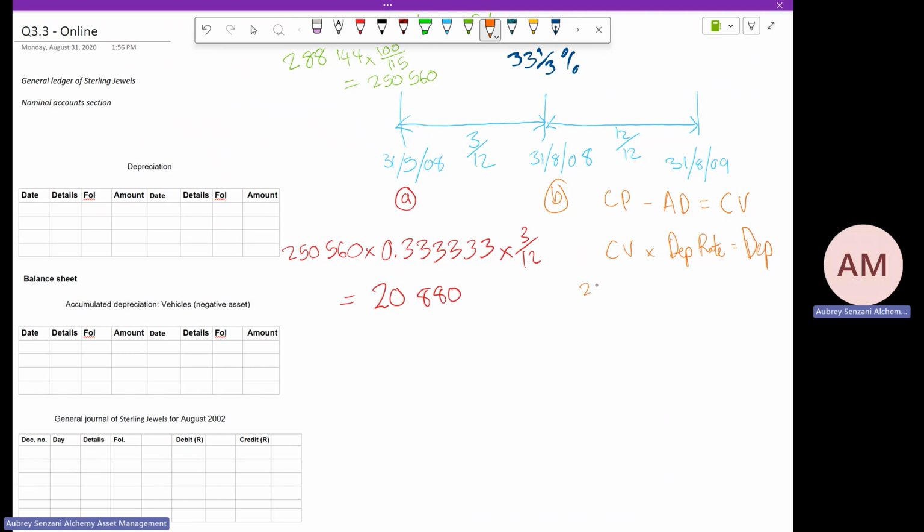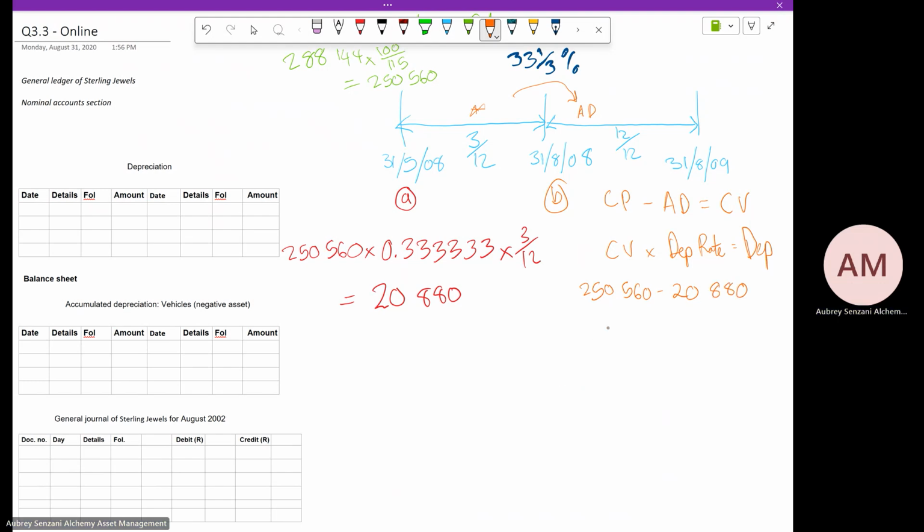You can see we have 250,560 minus accumulated depreciation of 20,880. So this period's depreciation becomes this period's accumulated depreciation, so take note of that.